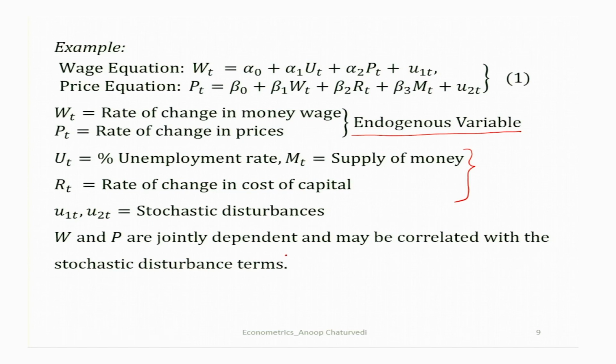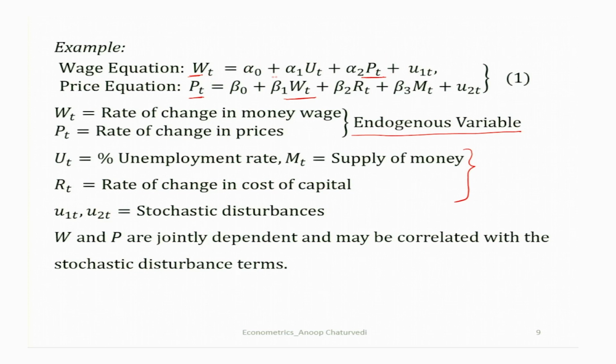Now, notice that in the wage equation, rate of change in prices, P t, is also involved. Then in price equation, rate of change in money wage, that is W, is also involved. So, it is not like that the first equation has only one endogenous variable and then all the other variables are exogenous variables or independent variables.